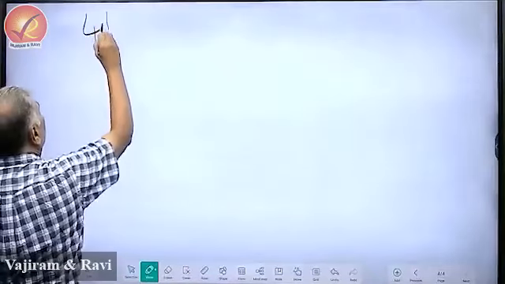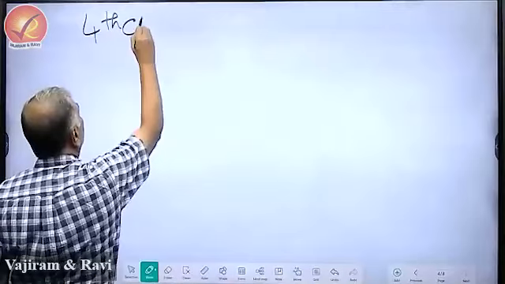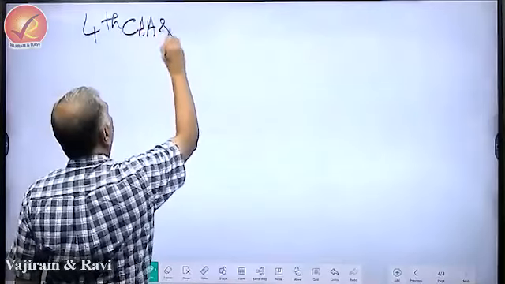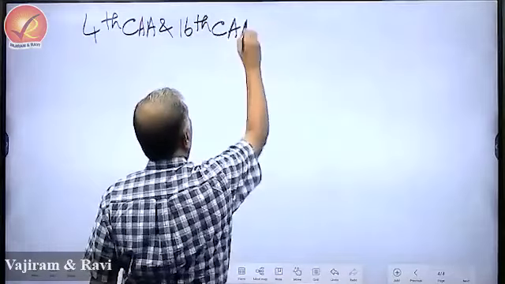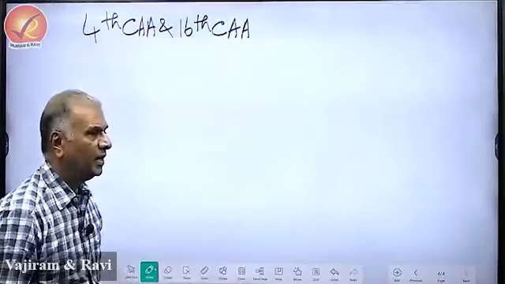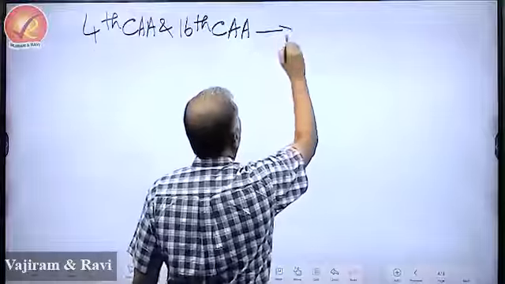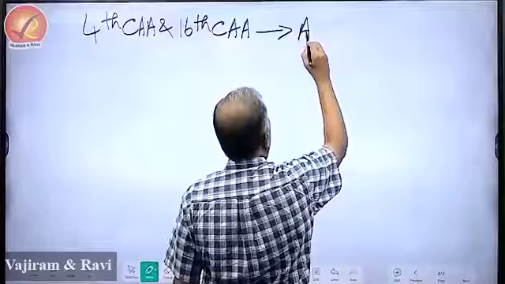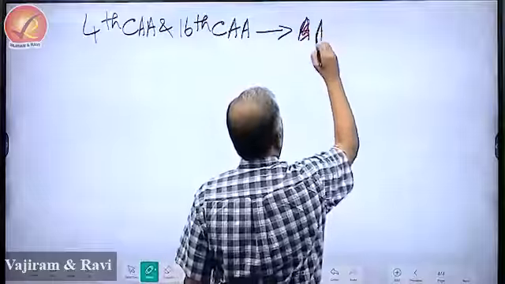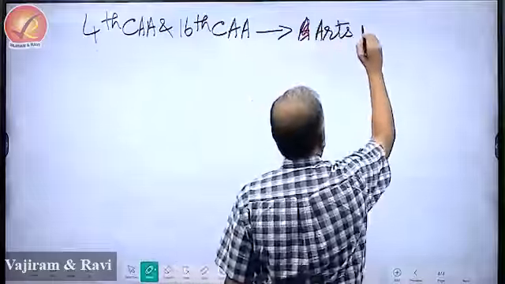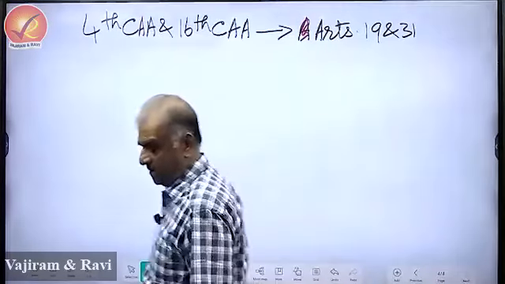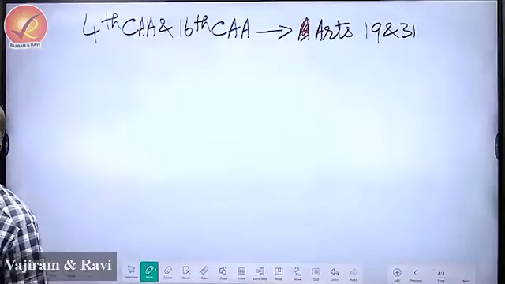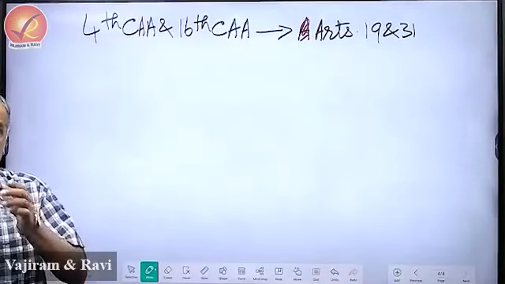Subsequently, the Parliament passed the 4th Constitutional Amendment Act and also the 16th Constitutional Amendment Act, both of which further diluted Articles 19 and 31. So the right to property was further amended.